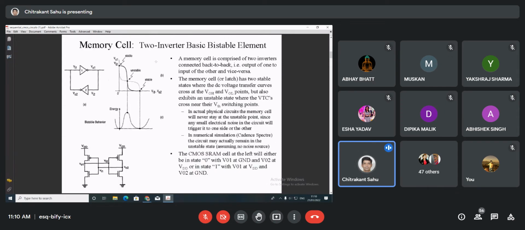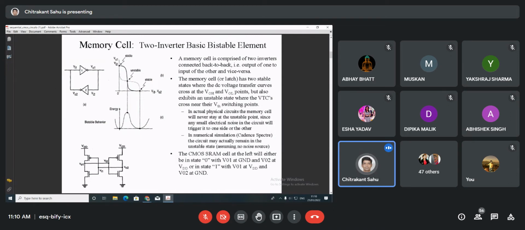So in the case of a generally sequential circuit, we choose a bistable circuit. This is an example of a simple memory element, that is a bistable circuit. And how can its stability be defined? You can have two inverters connected back to back.